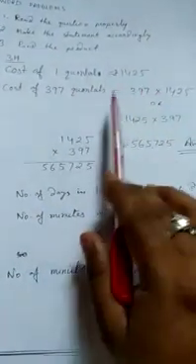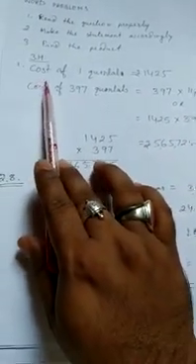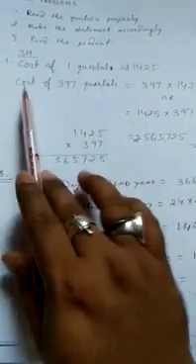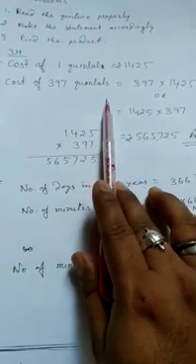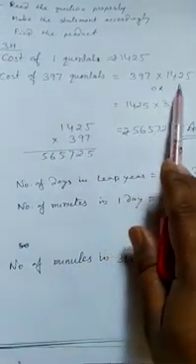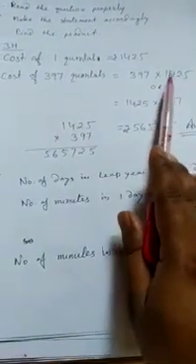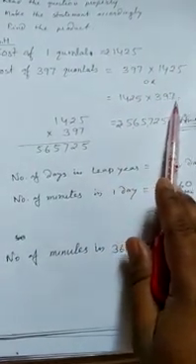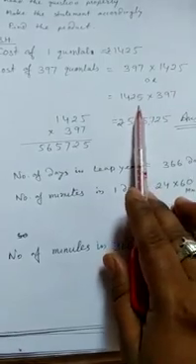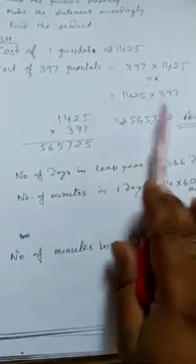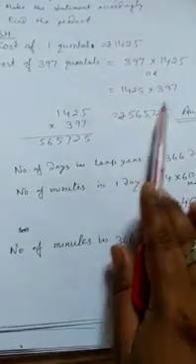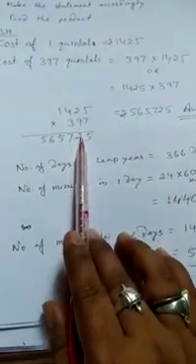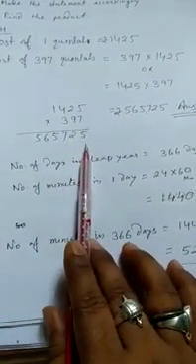First we write the statement: cost of 1 quintal is this much, so the cost of 397 quintals is 397 into this one, or you can write 1425 into 397. As you know the rule, we can change it here and there, no problem. Then you multiply and get the answer.